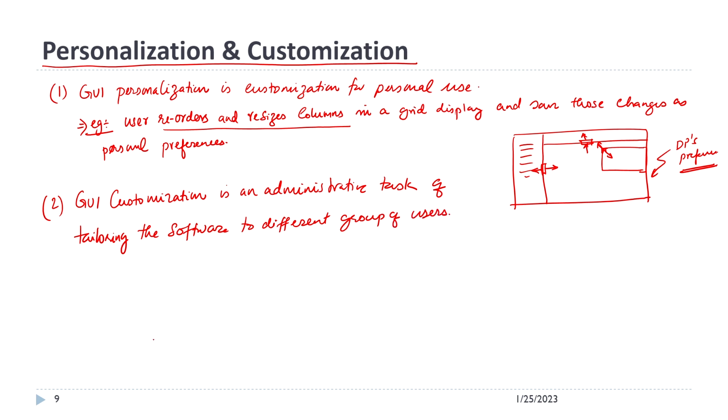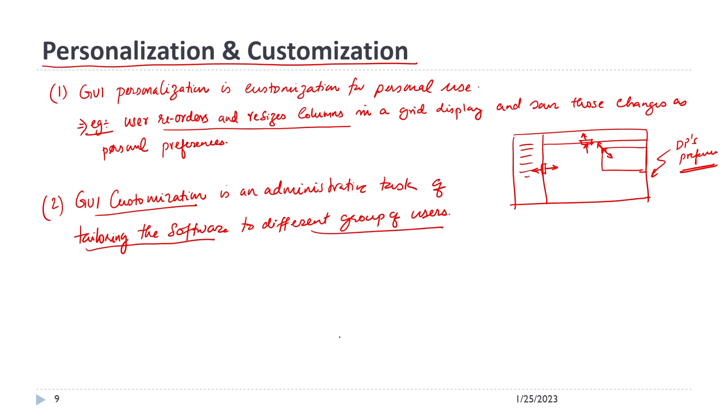Okay. So, customization and personalization are slightly different. Customization is typically an administrative task, done all across, and the main thing is you are trying to change or tailor the software to different groups of users.